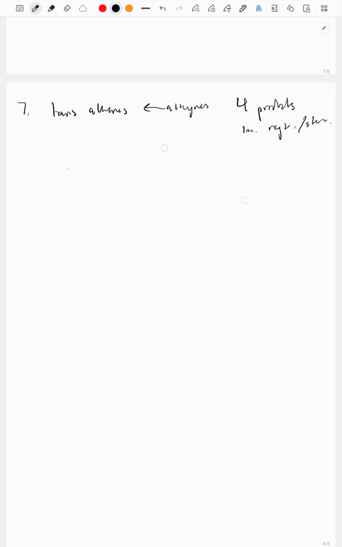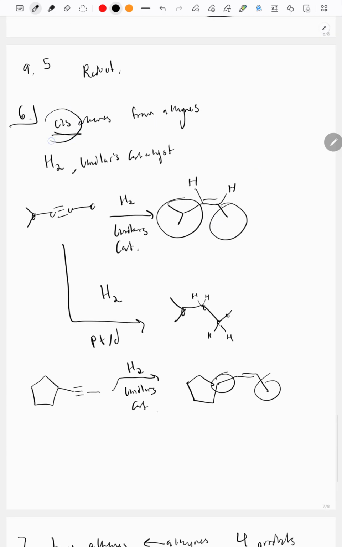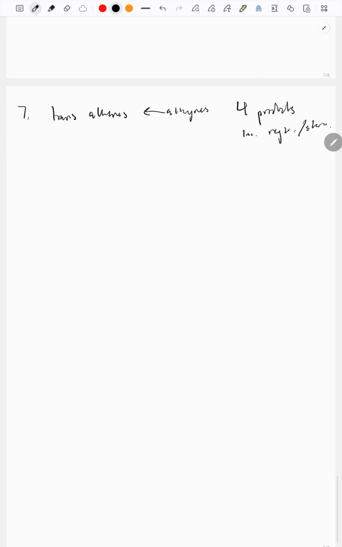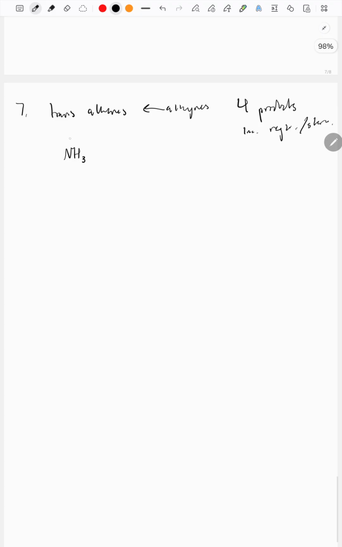In order to do this, we said for cis we need H2 and Lindlar's catalyst, but for trans alkenes we will need NH3. Is it NH3? Sorry, yes, it's NH3. But more importantly, you'll need sodium solid and NH3 in liquid form.